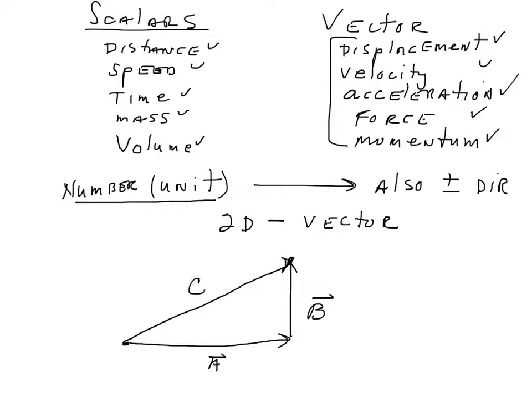B. And this would be vector C. And logically we can see that if we do A and then we do B, it's entirely equivalent and equal to displacement C. So displacement C is equal to A plus B. And so this week we want to learn how to represent vectors in 2 dimensions and how to add them. Okay, let's go to the next page.